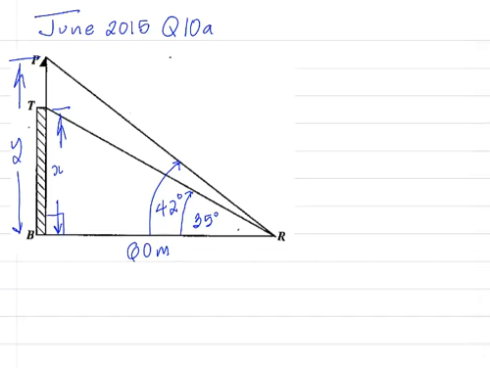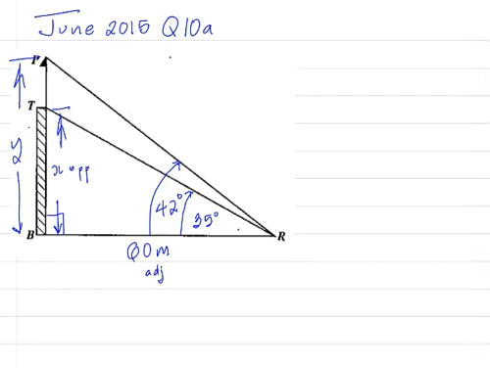We have to first find the length BP and the length BT, and the difference between the two lengths is TP, which is the height of the flagpole. So using the small right angle triangle, where the angle is 35 degrees, X is opposite to the 35 degrees, and the 60 meters is adjacent to the 35 degrees.